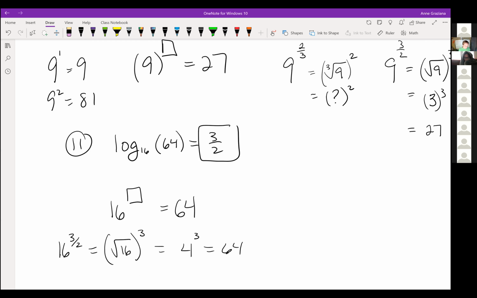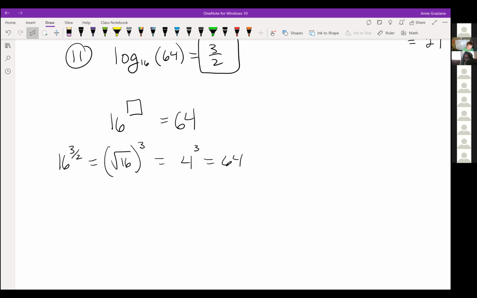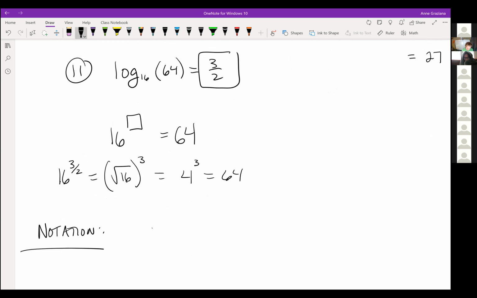All right. So last couple things. Just some notation. The thing you should notice here is that log base a of x, whatever exponent that is, is the same thing as saying your base a to that power equals x.